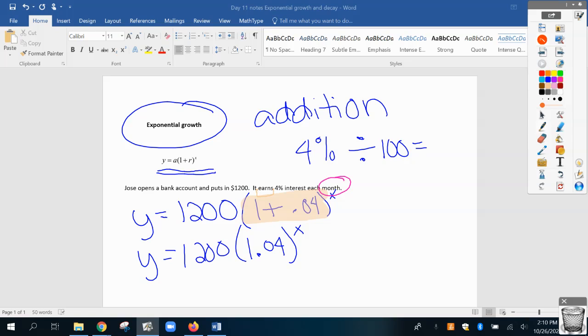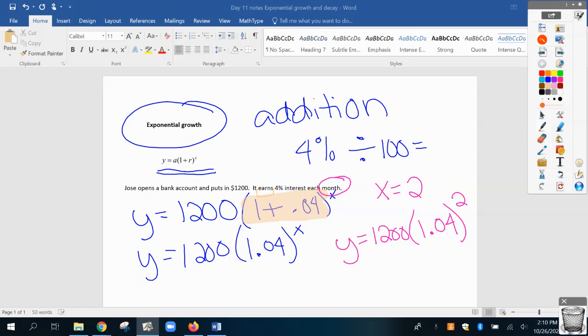Okay, so let's say we want to know how much money you will have in the account after 2 months. Well, after 2 months means we want x to equal 2. So we are going to take this same equation and plug in 2 for x. So we'll say y equals 1,200 times 1.04 squared.